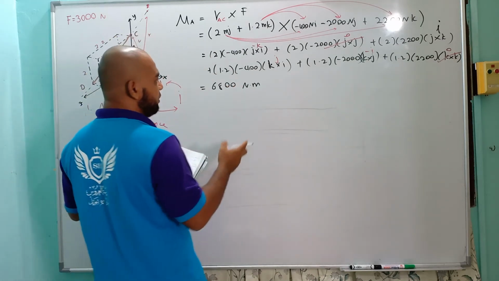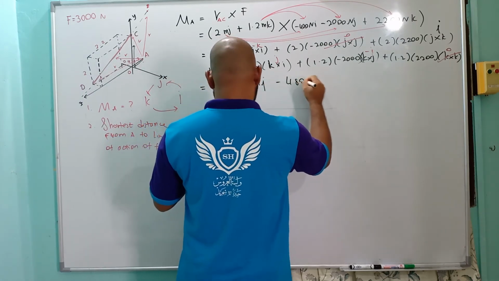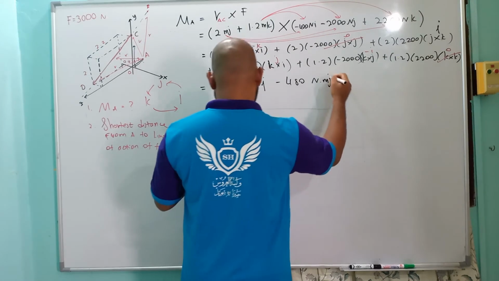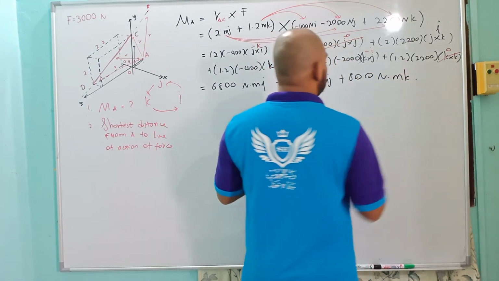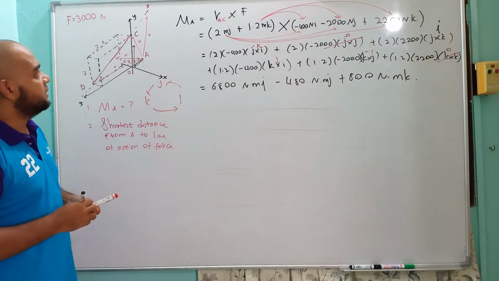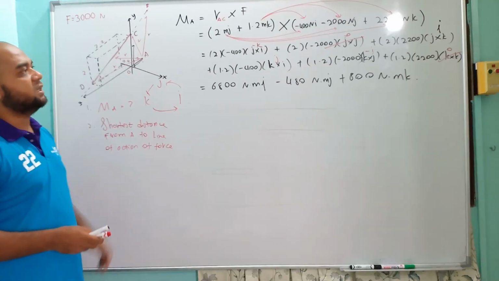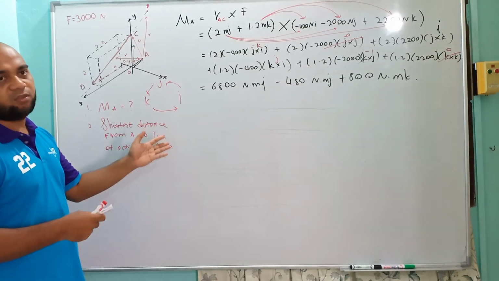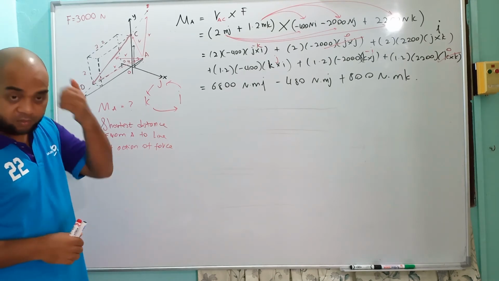Okay, so simplified, we have Newton meter I minus 480 Newton meter j plus 800 Newton meter k. Okay, so you have that for the first answer. Moment is equal to this one in terms of I, j, and k. You can try using determinant. You sure you can have the same answer also.